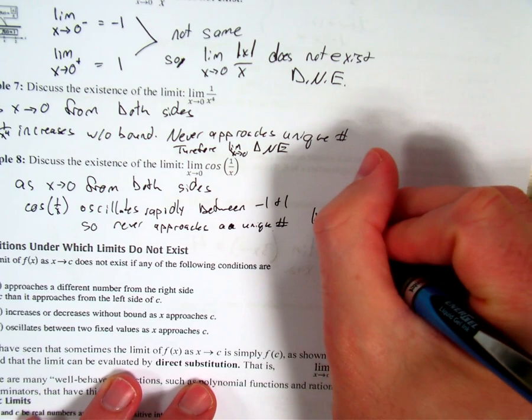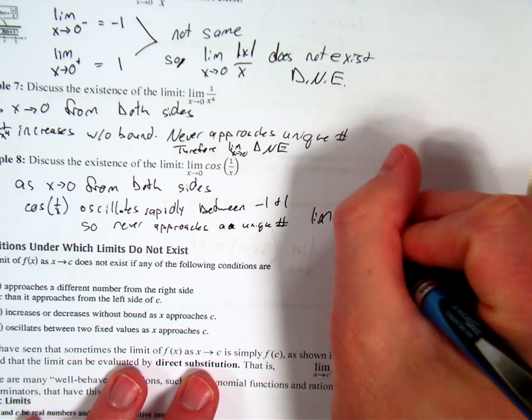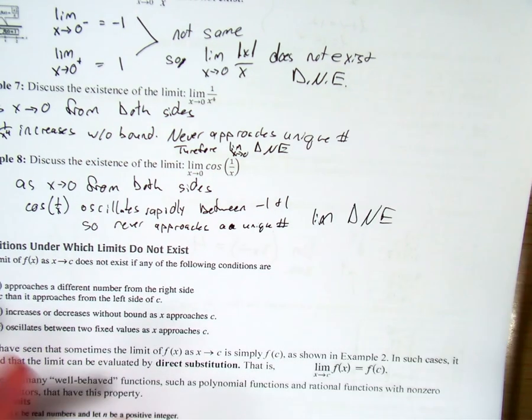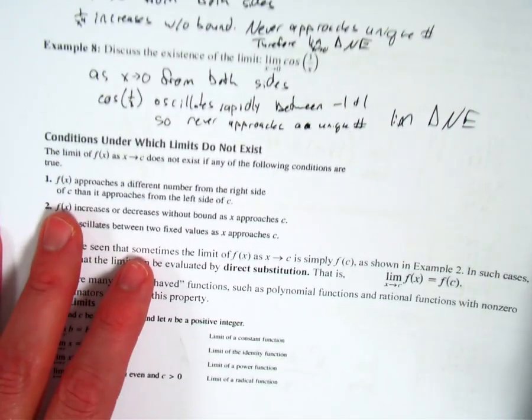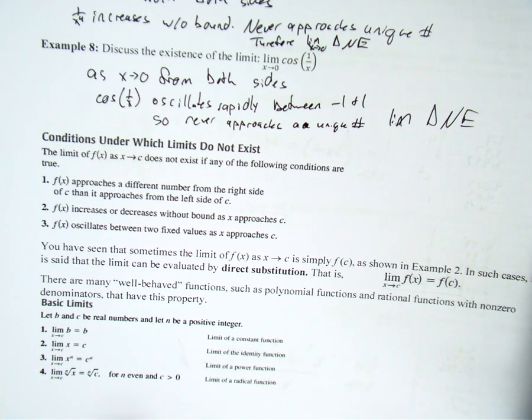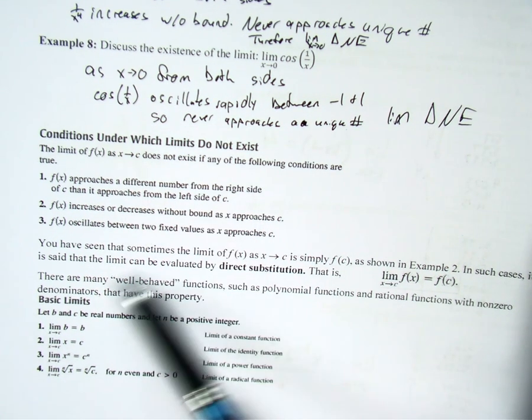Limit DNE, does not exist. So it's kind of some exploratory problems there. And now they're going to tell us the rules.